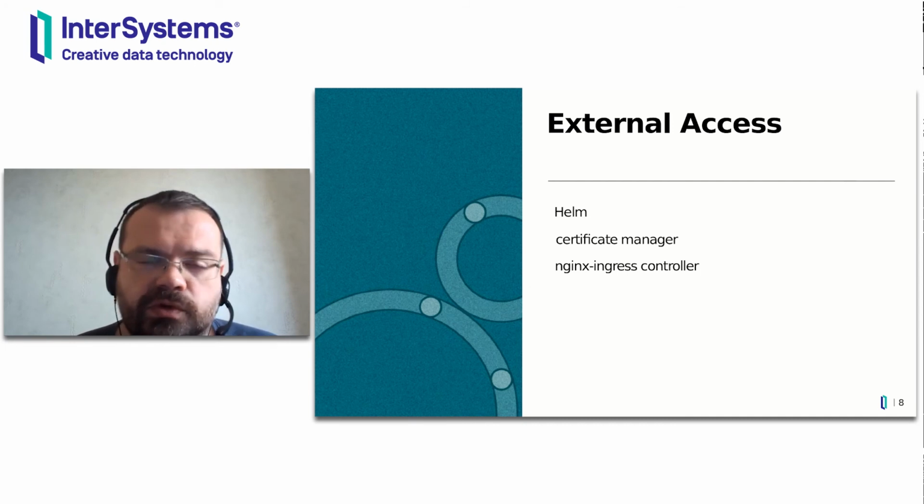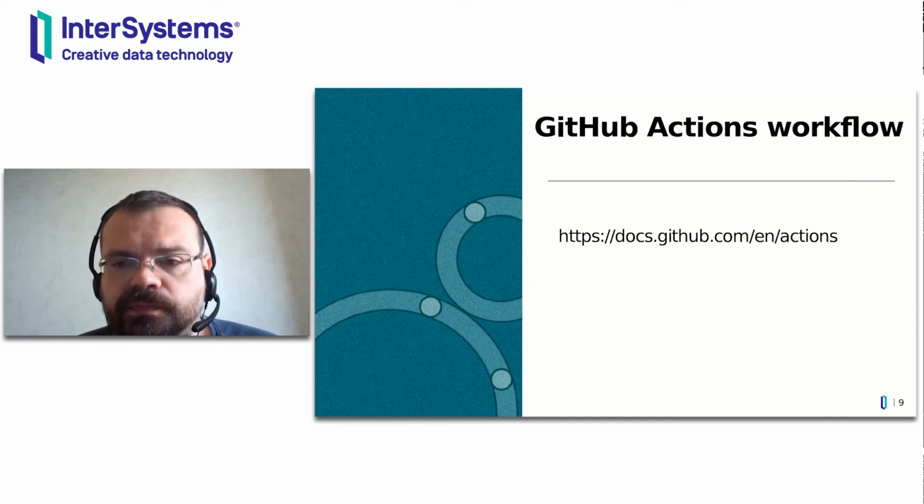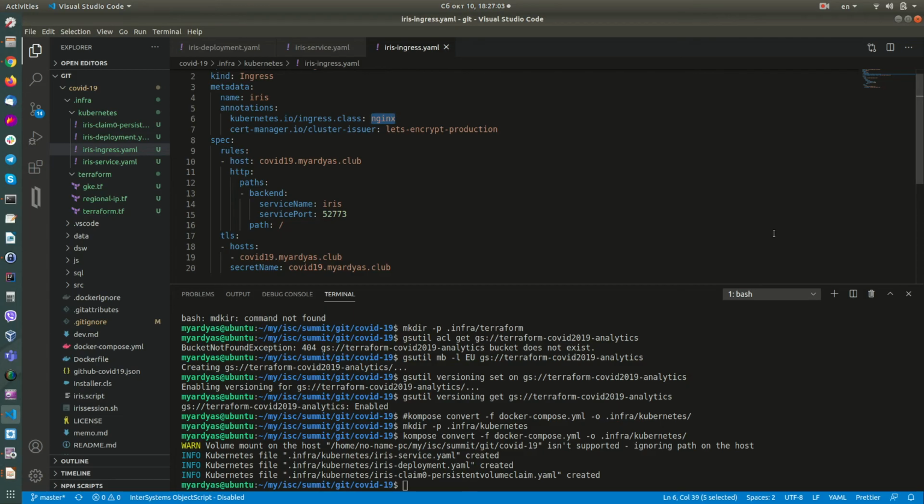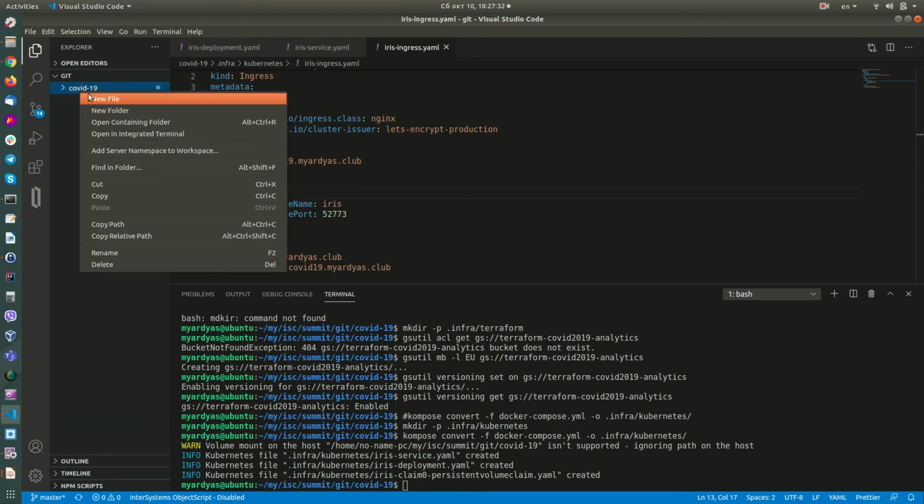We won't describe Helm in detail, but deployment steps we will define in a GitHub Actions file. GitHub Actions is an implementation of CI/CD from GitHub. You can read more about its syntax on this web page. And let's look at the implementation for our project.